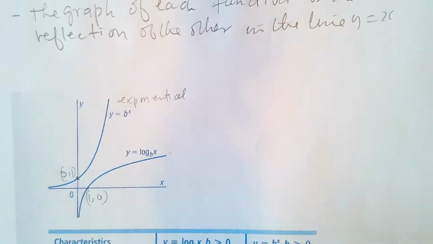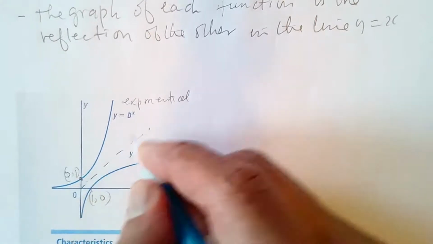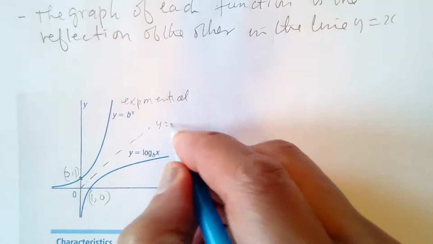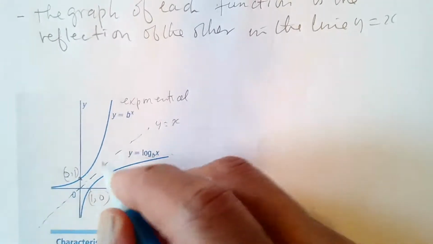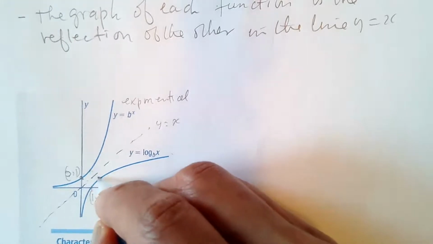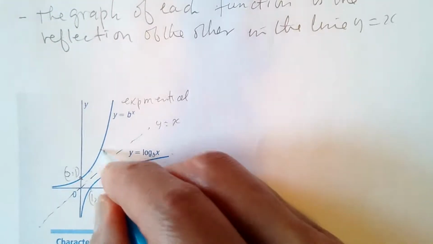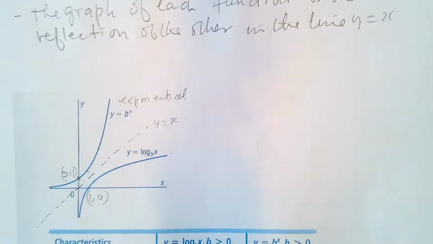Now, what do you mean by that? If I were to draw a line here, and this is y equals x, the slope is 1, the y-intercept is 0, the perpendicular distance from one point to the next will be equal. The distance from here to here is the same, because they are a mirror reflection of each other.